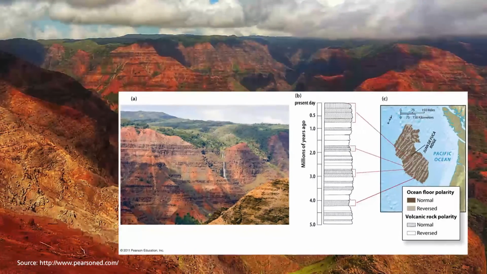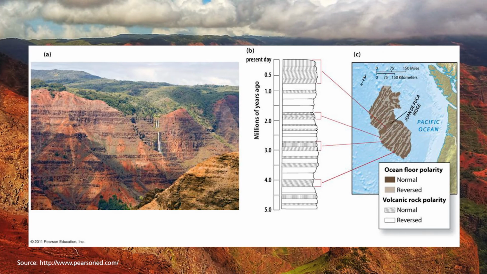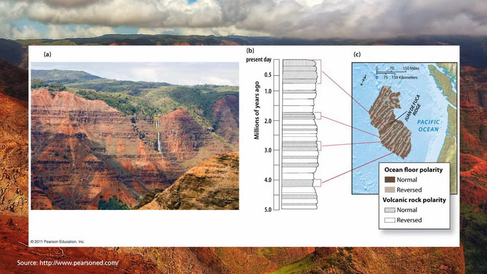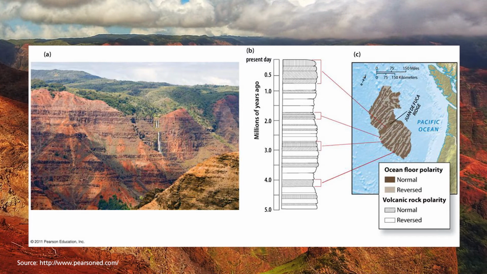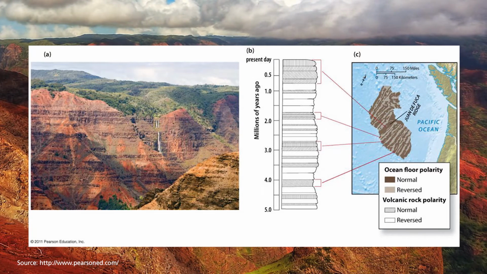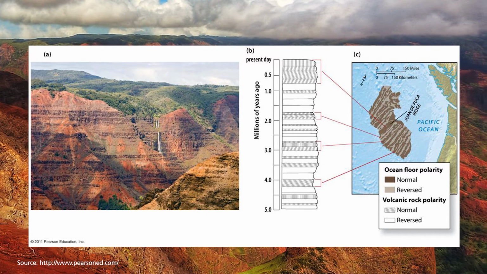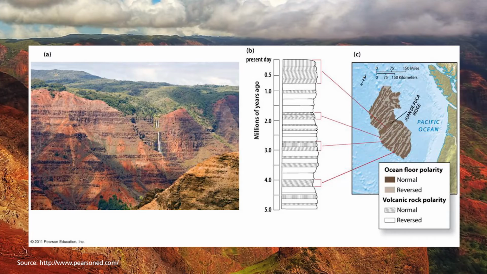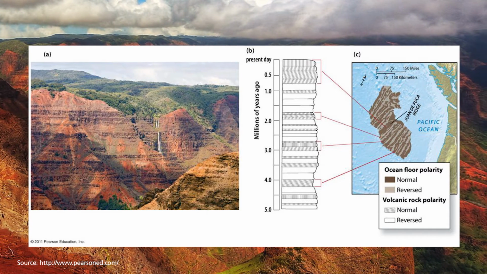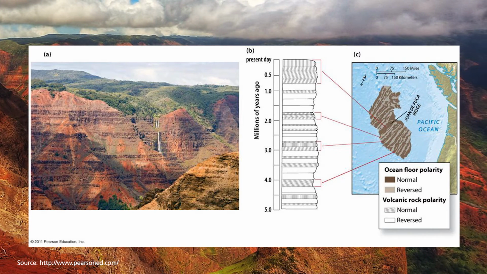So basically what they did was they looked at the layers in Kauai, correlated that magnetic reversal and normal along the layers, so using it as a ruler, and used this ruler along these mid-ocean ridges to figure out how old these ridges were.